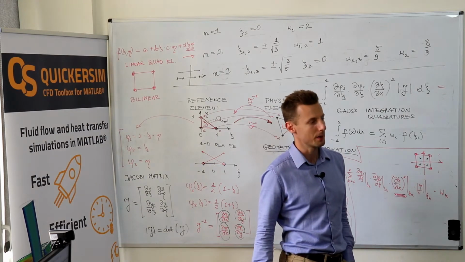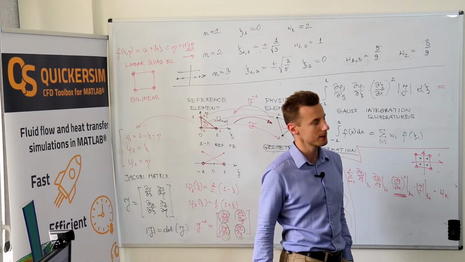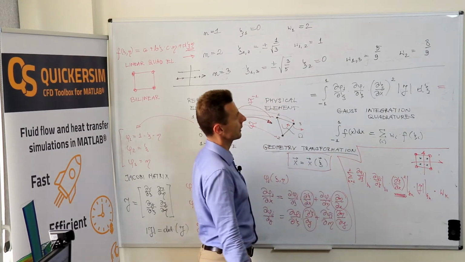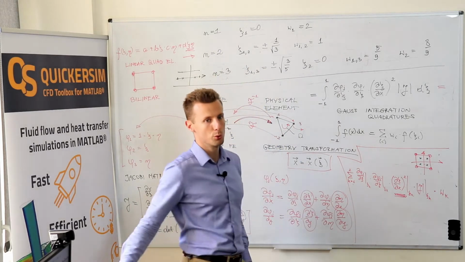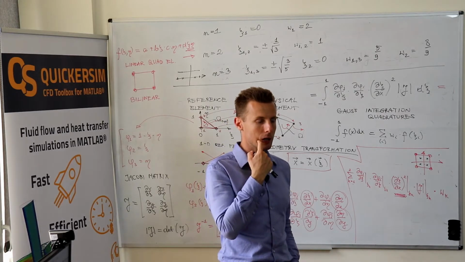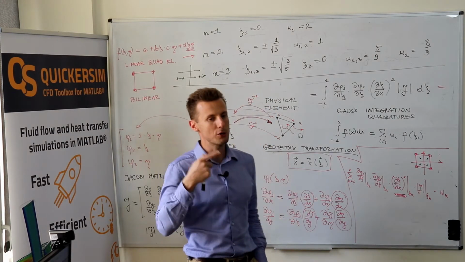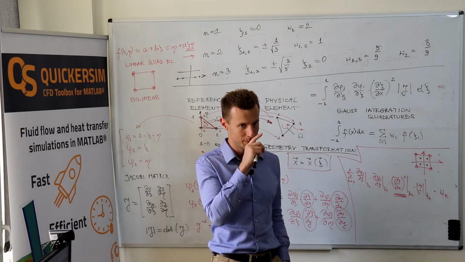Now, a good question, if you think a while, you should guess it. If you've got the Gauss integration formula with just two integration points, polynomials of up to which degree can it integrate accurately?